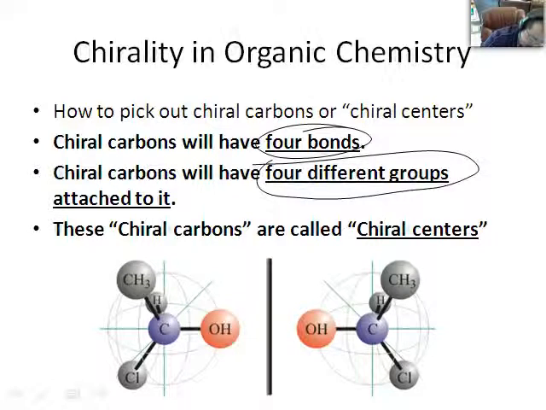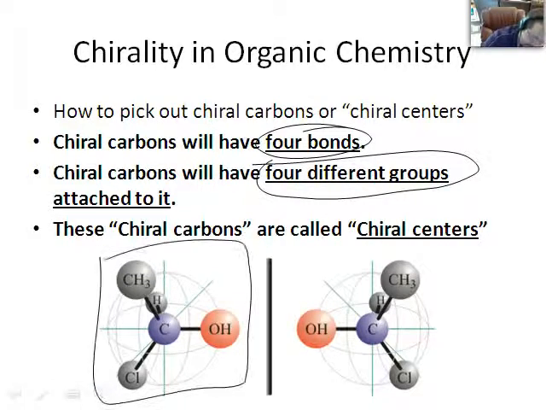So let's look at this picture on the bottom left here. This carbon has 4 different groups attached. It has the OH, or an alcohol group, has the Cl, has the H, and it has a CH3. 4 unique groups, so this would be considered chiral.